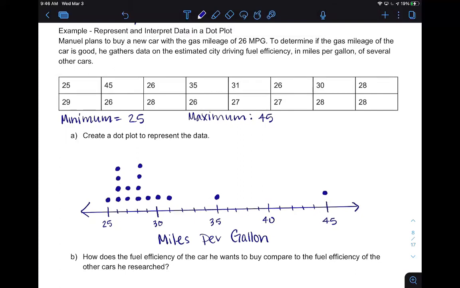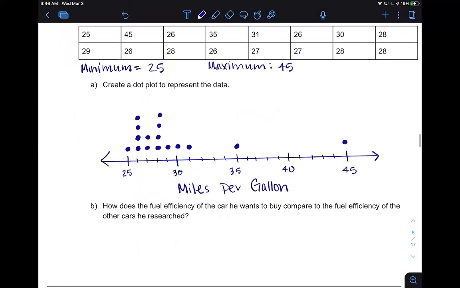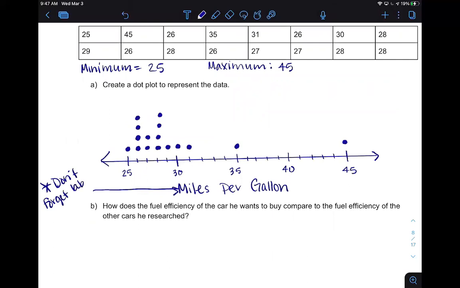Okay. Do not forget to label. On your test, if we ask you to make a dot plot and you're missing your label, you're going to miss a point. But that's all a dot plot is: plot points above a number line. Are we okay with that?